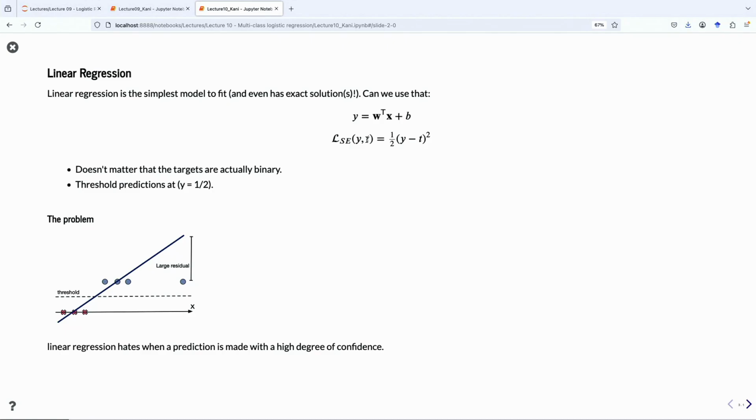So we have that linear regression model, and then we use a particular loss function, in this case the squared error loss function, named for the fact that we're taking the error, basically the difference between the predicted classification y and the actual label, and we're squaring it.